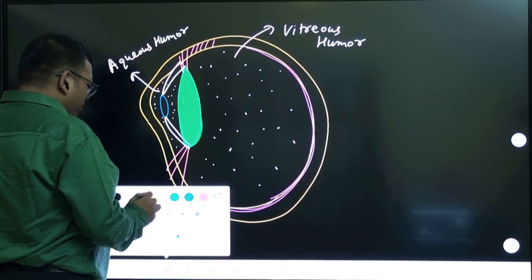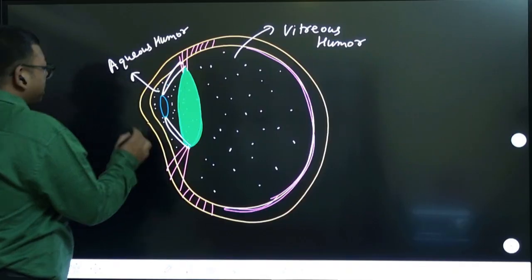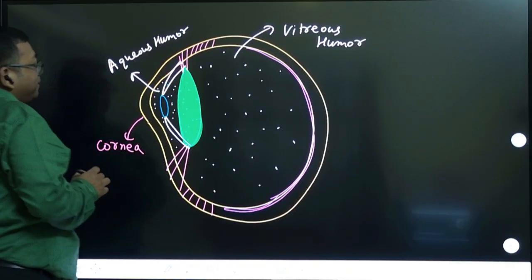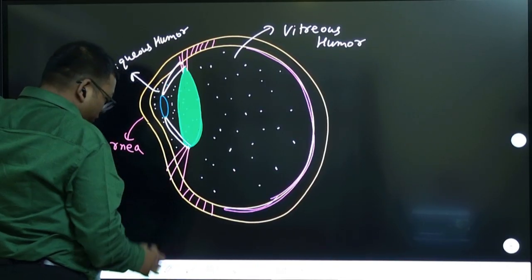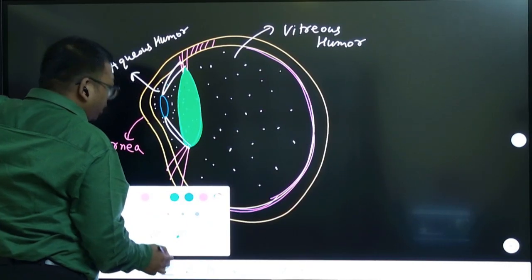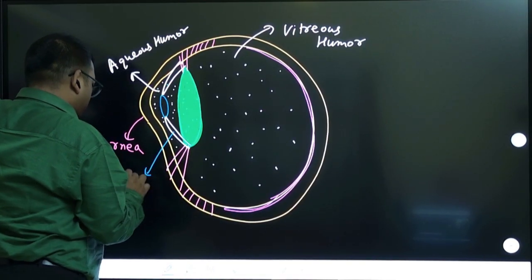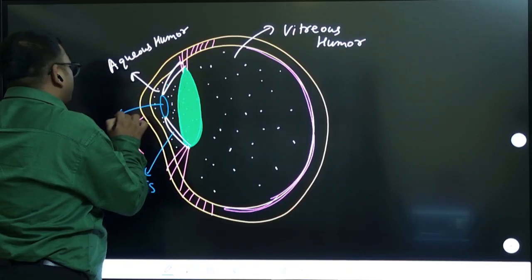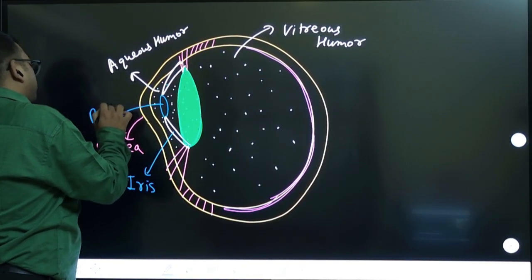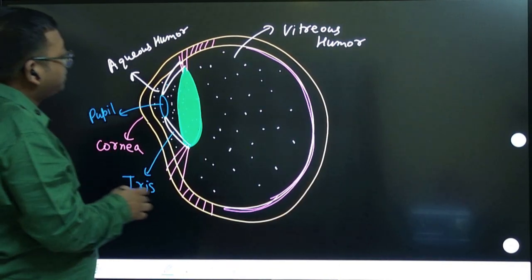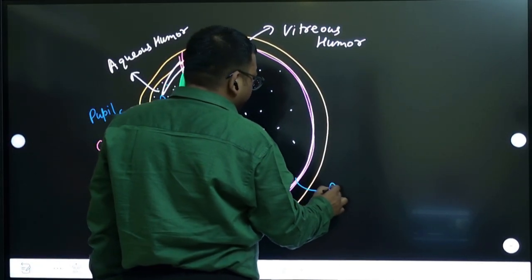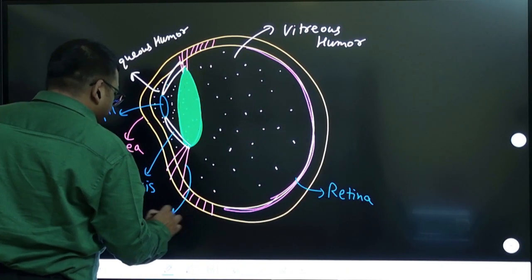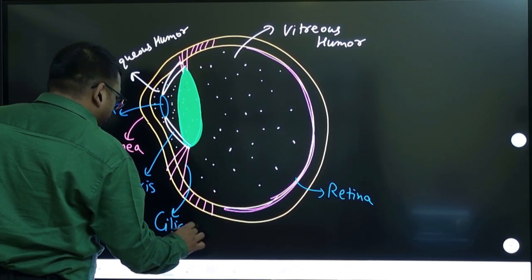Okay, so here rays of light will be coming, and this portion is called the cornea. And this portion is called the iris. This opening is called the pupil. This part is of course called the retina. And this part is called the ciliary muscle.